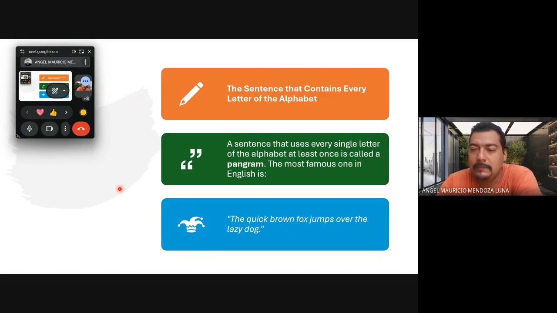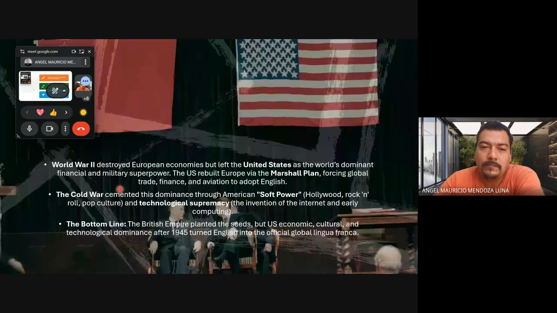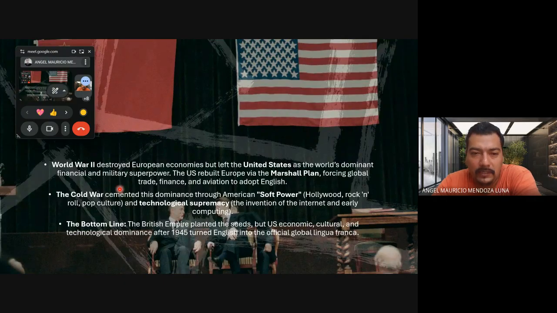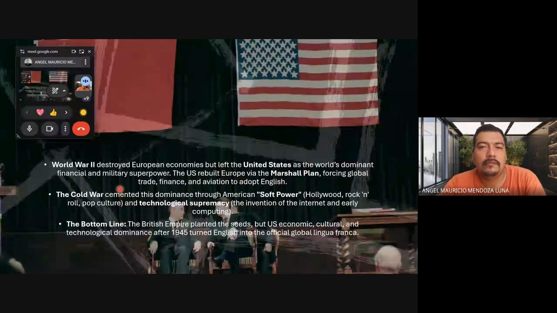And the final one, fact number three, relies 100% on history. To be more specific, if you notice on the screen, it roots between the end of World War II and the Cold War.